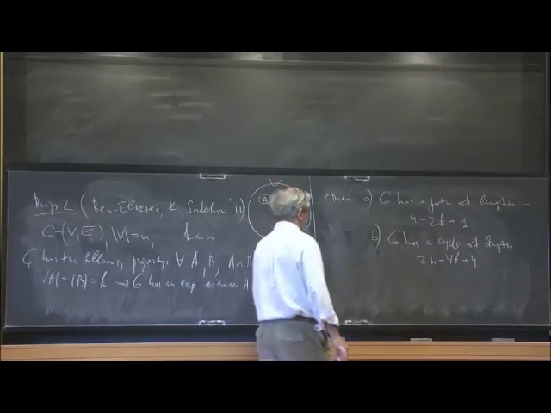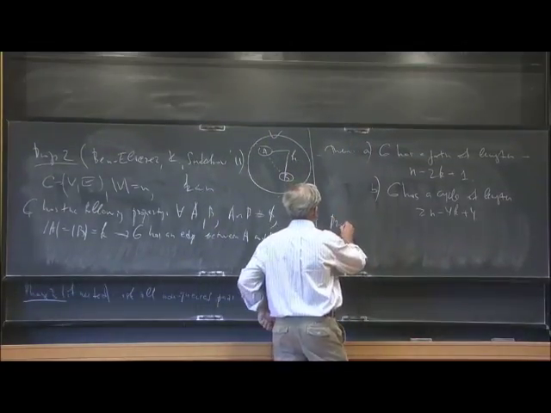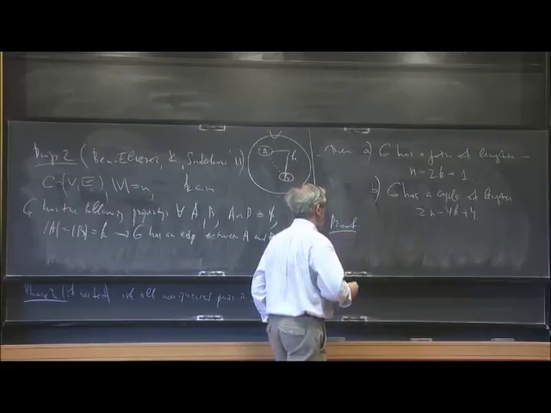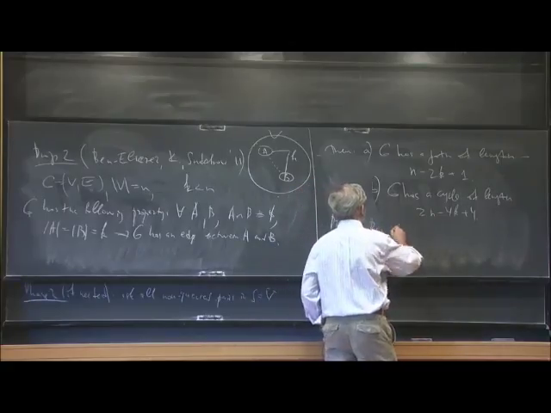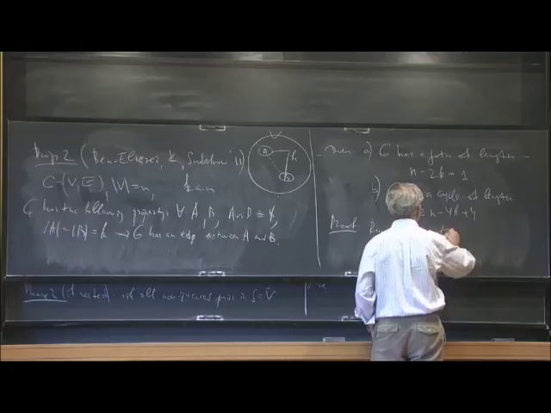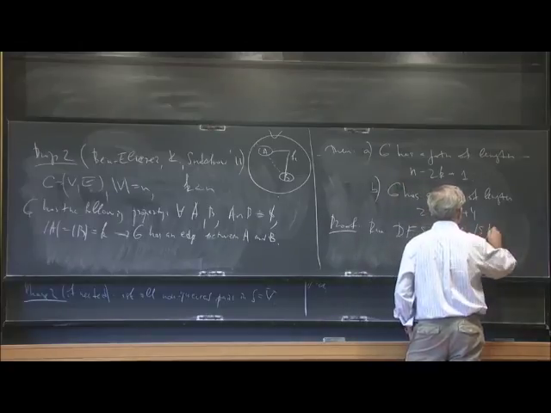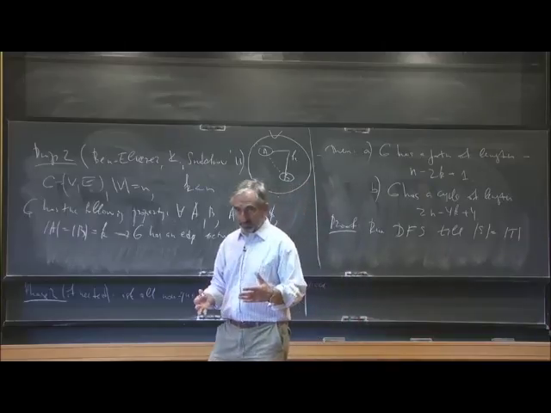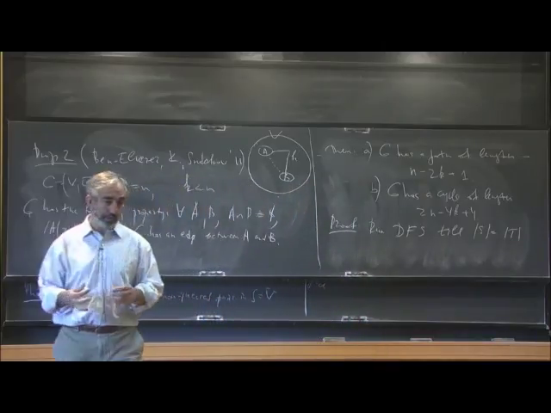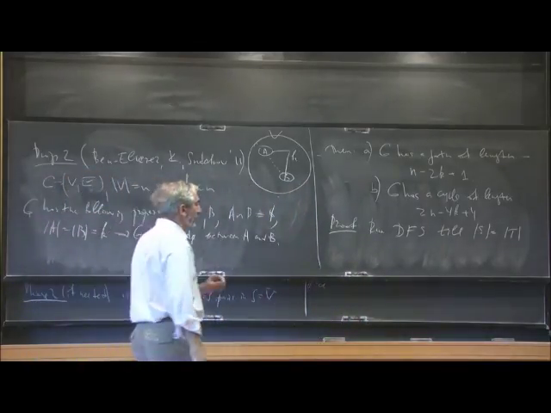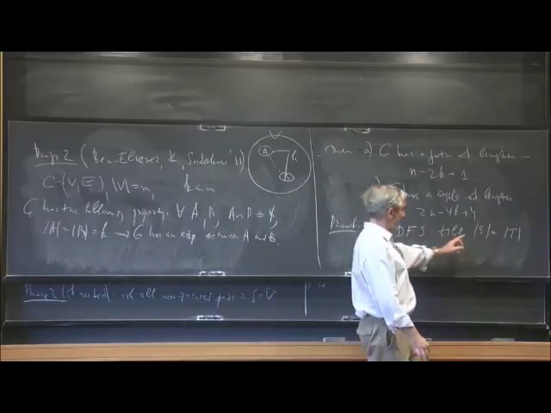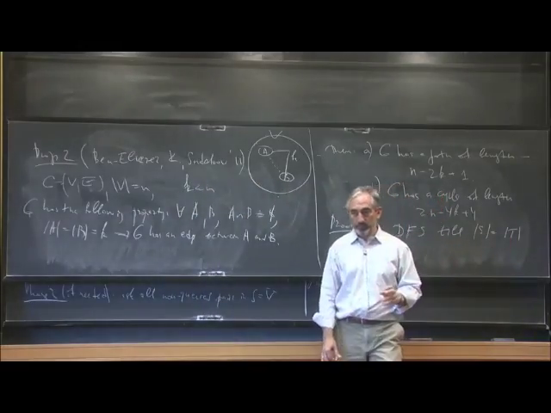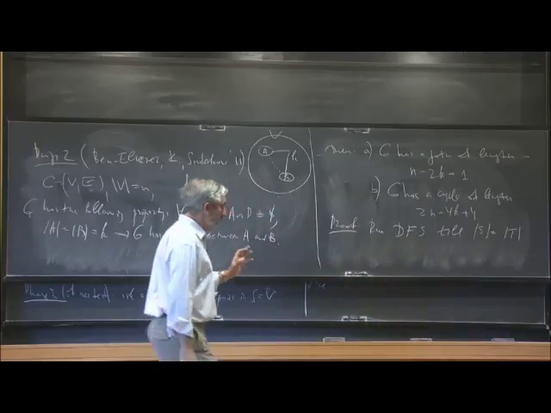So why is it so? The proof is basically immediate. So here it is. Proof: run DFS till the size of S is equal exactly to the size of T. So S keeps growing, T keeps shrinking, and they go one by one. So at some point of the algorithm, you are sure to have this situation: the size of S is equal to the size of T. Now, what can I say about it?